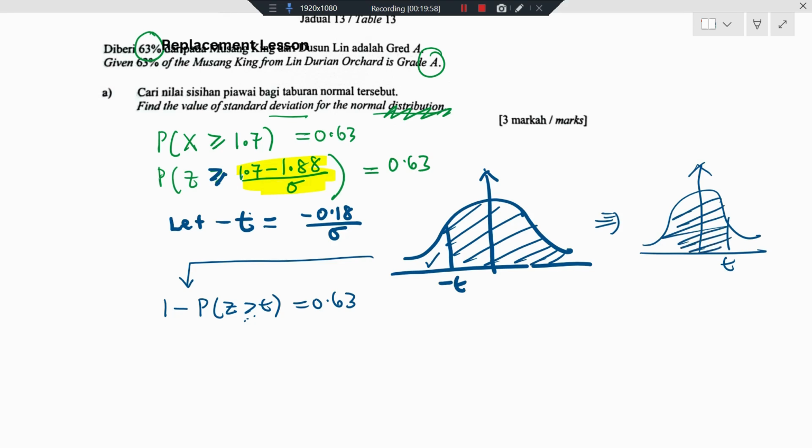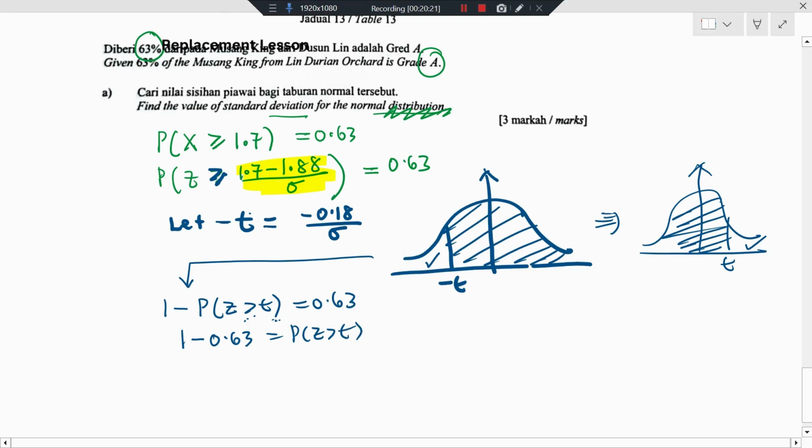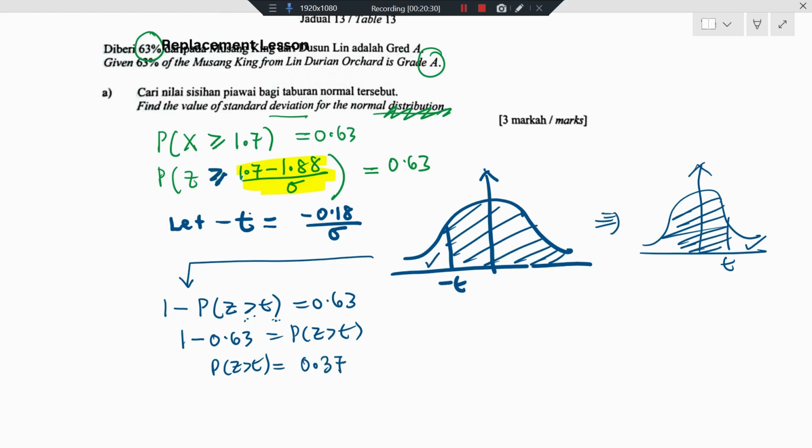Then how do you read this? You can read the opposite only, right? Opposite of the question. This part. So take the whole probability minus what you can read. That's what I have written here. By this level, you already know without reflection itself how to write this. So 1 minus 0.63 is the probability Z greater than T, which is 0.37.